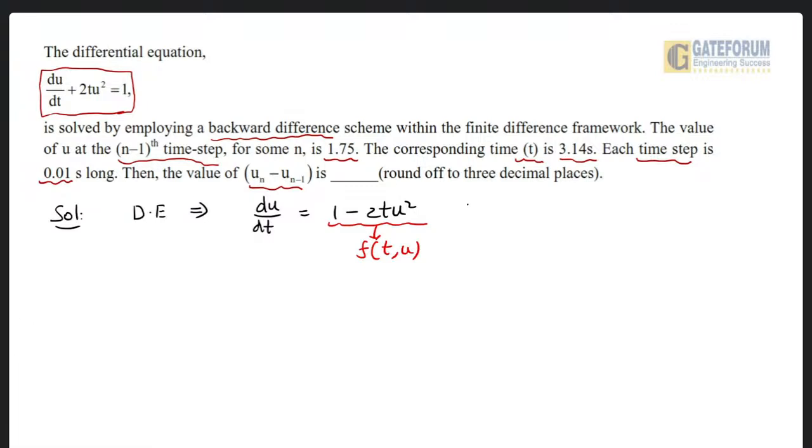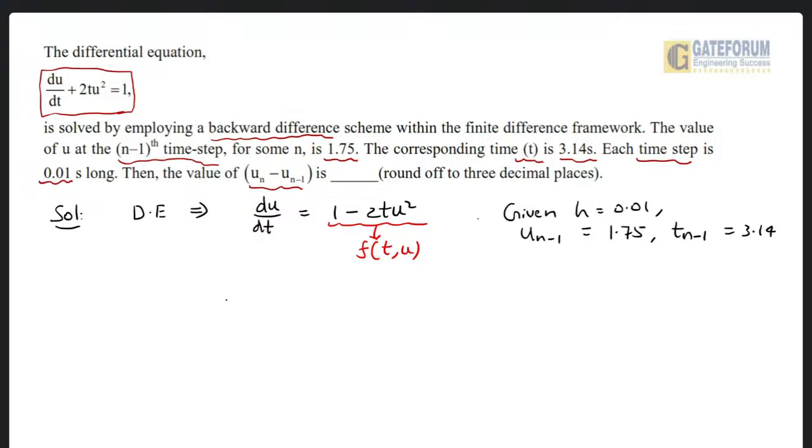Now, what exactly is given? Given h is equal to 0.01, that is the time step, and the solution at the n minus 1th step, denoted by un minus 1, where u is the dependent variable, is equal to 1.75. The corresponding time, denoted by the independent variable tn minus 1, is given as 3.14.